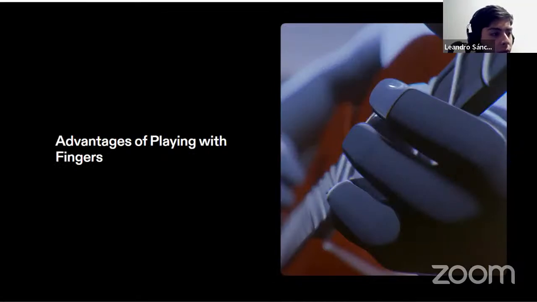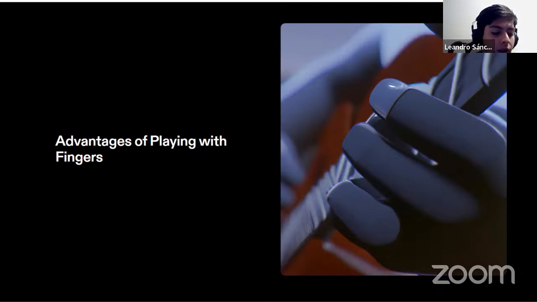Advantages of playing with fingers. Playing with fingers allows you to play softer and more delicate things. You can produce a clean tone, but a sweeter tone in the sound of the guitar.